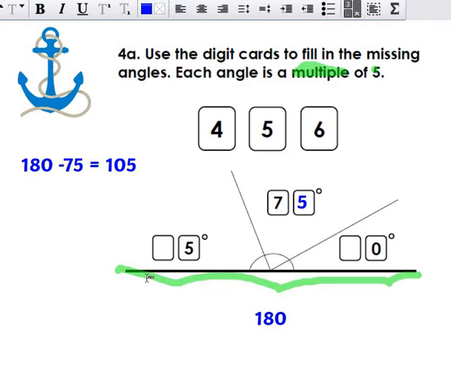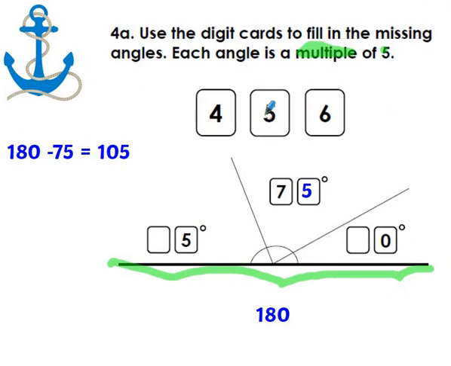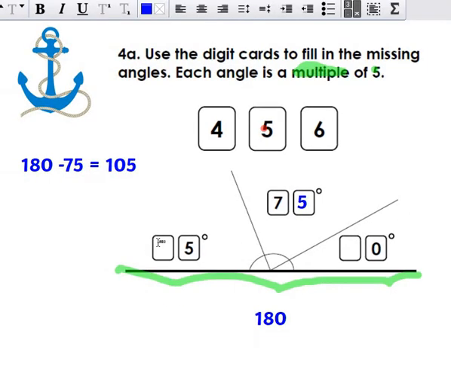So let's have a look. This angle is larger than this angle. If I just get rid of the 5, I'm left with the 4 and the 6. I need to make this a larger angle. Put the 6 here to make it 65, and then here a 4 to make it 40.